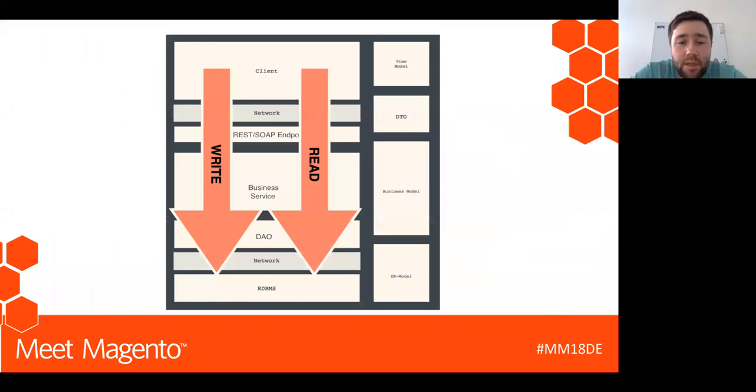And the main characteristic of the layered architecture is that all the requests, both read request and write request, coming from clients, actually were passing through all the layers of our system.